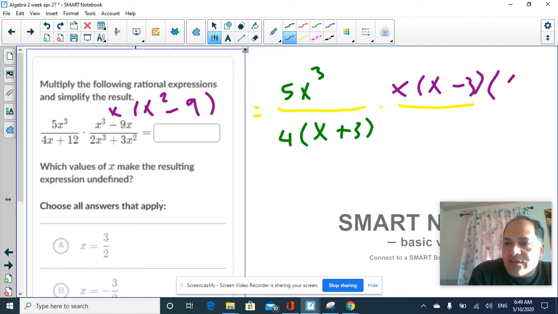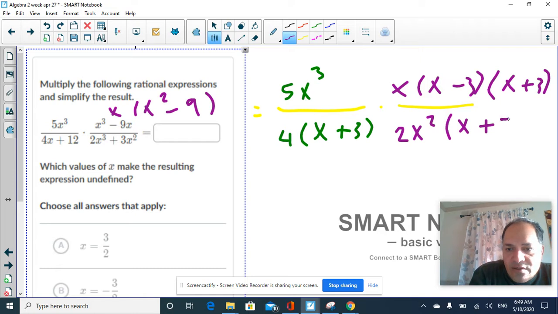Good job. Difference between what? Yes, between two squares. And what about the bottom? Yes, if you take out x squared as the common factor, the rest is x and 3. Okay, if you take out 2, no, not 2x, just x squared. I'm sorry.